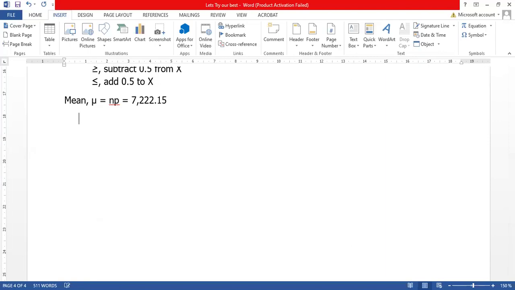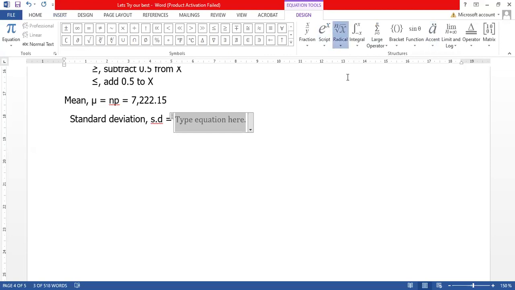Then what is standard deviation? It's the square root of variance.